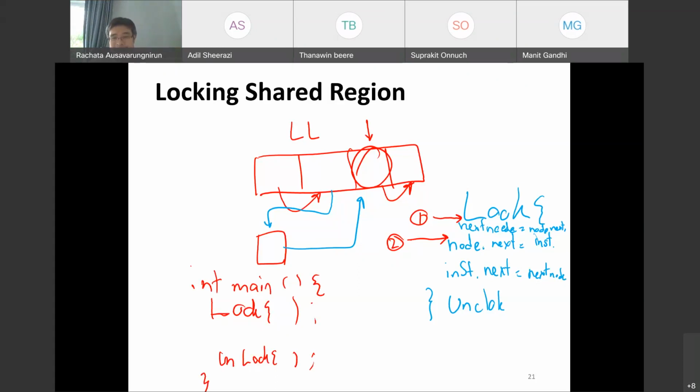Will it be correct? Possibly. Is that a good idea? No, right? So whenever you need to put locks in, first of all make sure it's correct. But then minimize the area, the number of lines that you have to lock, right?